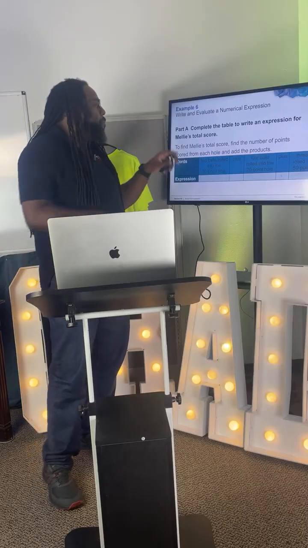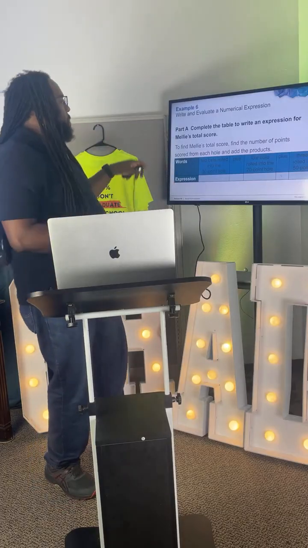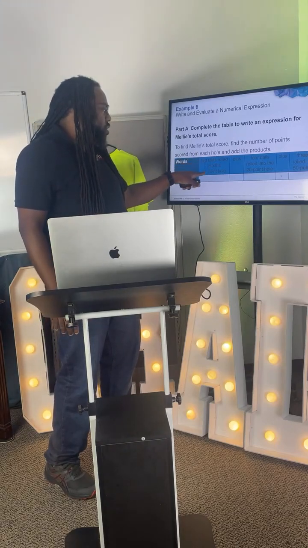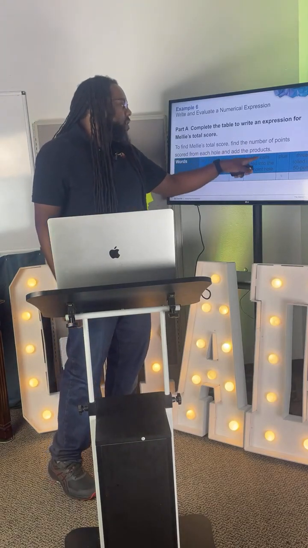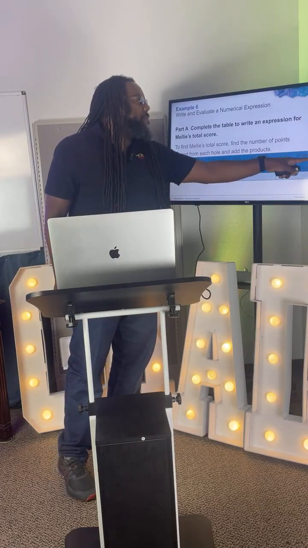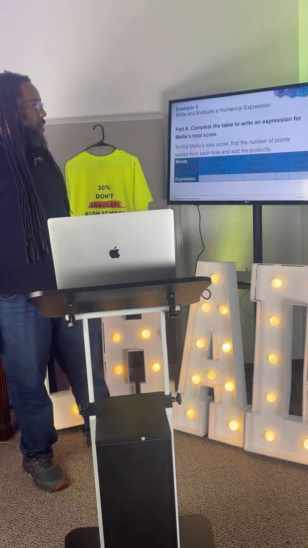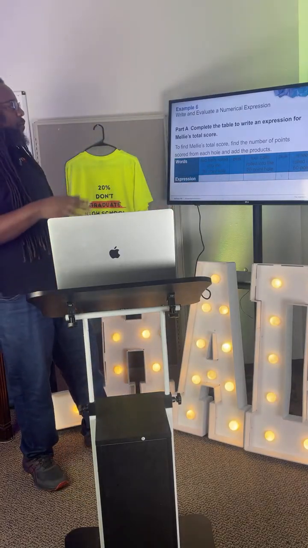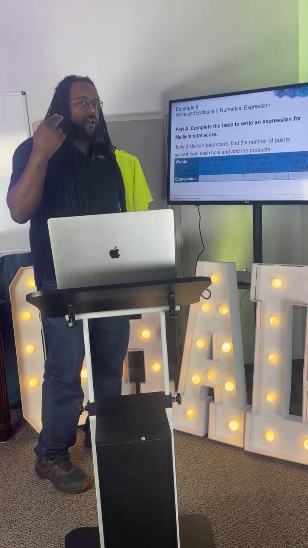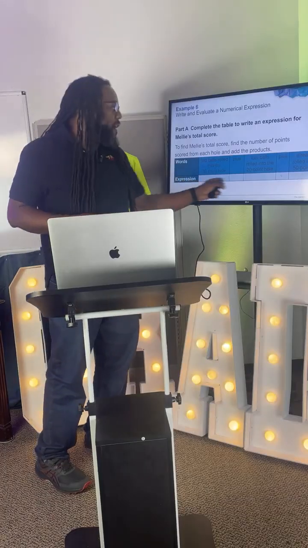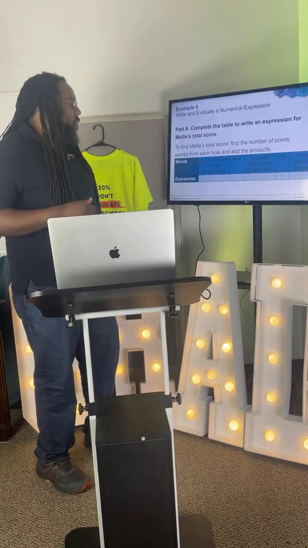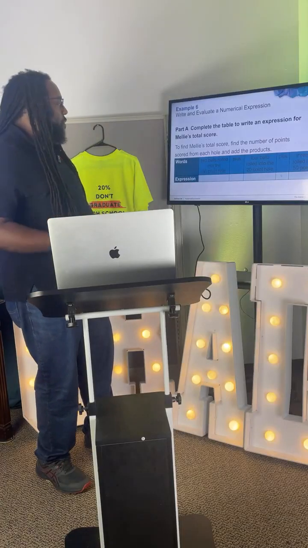So we broke it down into a table, breaking down each of those parts. So we have the 2 balls that are rolled into the 30-point hole, plus the 4 balls that are rolled into the 20-point hole, plus the 3 balls that are rolled into the 50-point hole. And so now we got to put those into expressions. If you have an idea already, go ahead, push pause, and you can write those into those blanks real quick and see if you fully understand and got it right.